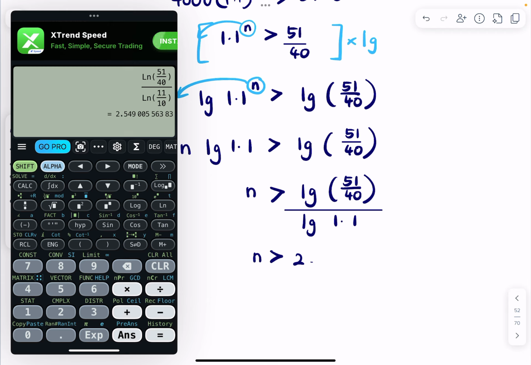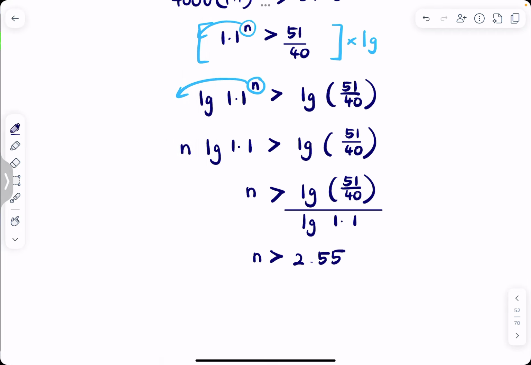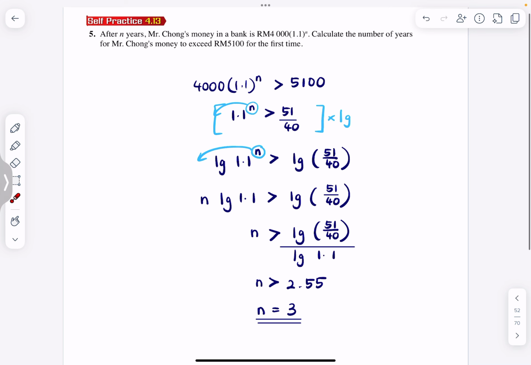We get 2.55. So if n is more than 2.55, the closest integer after this will be 3. Okay, n has to be an integer, cannot be a decimal. 3 years means 3 years, 2 years means 2 years.